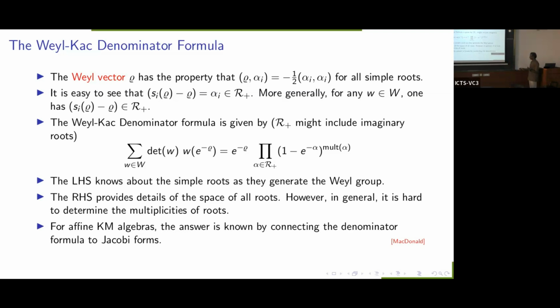Sometimes people put it elsewhere, but there's a reason I put it here, because it matches the story of the modular form story. So my convention is to put it here, times the product formula. Now the product formula knows all about the positive roots. So you can see the structure: this knows about the simple real roots, and this knows about all the positive roots as well as the Weyl vector.